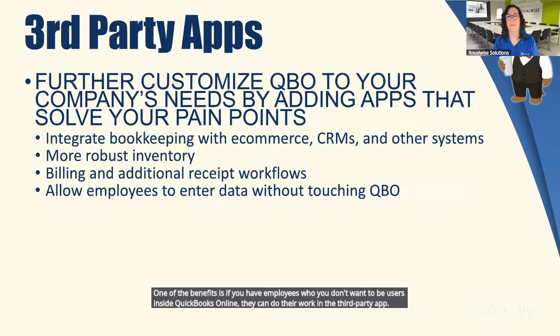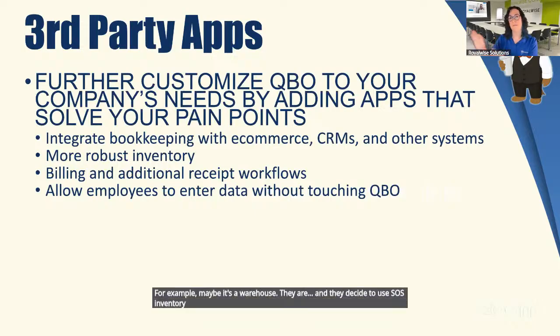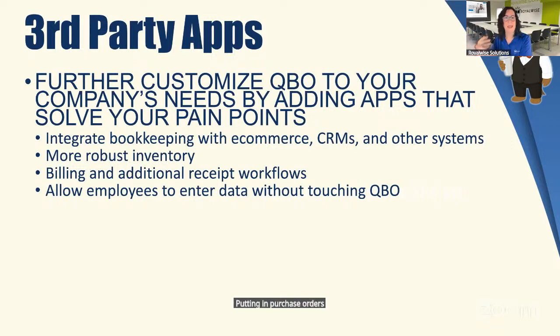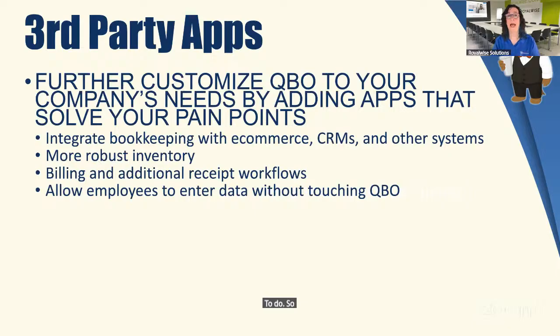For example, maybe it's a warehouse, and they decide to use SOS Inventory. All of the employees can be in SOS Inventory, putting in purchase orders and tracking inventory in and out. And then the end results of their work show up in the general ledger instead of managing all of that warehouse detail in QuickBooks itself, which it's not designed to do. So third-party apps are a normal part and an exciting part of the ecosystem.